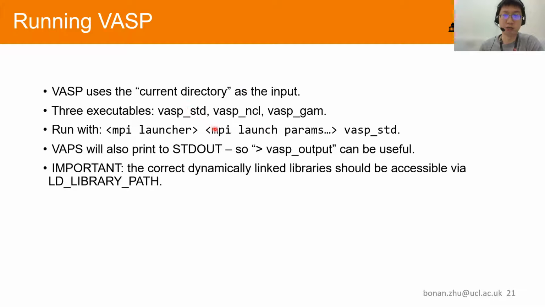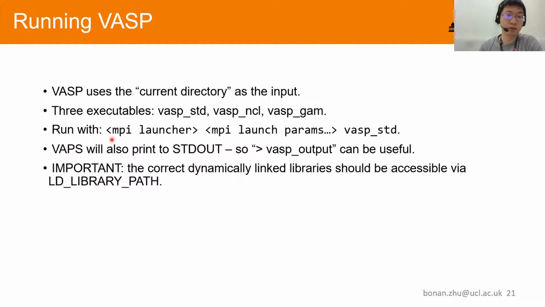If you want to do spin-orbit coupling and non-collinear magnetism, you have to use this executable. There is also a vasp_gam version, which works for gamma-only sampling. When you only include the gamma point, the wave function can be represented using real numbers rather than complex numbers, which makes calculations faster and also reduces memory requirements.